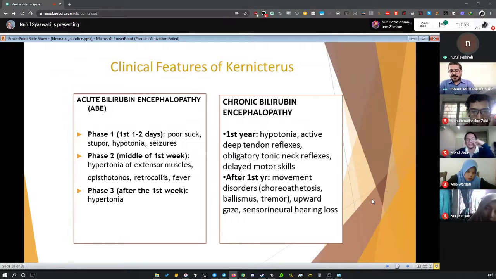And for phase 2, usually occurring in the middle of the first week, the baby may have hypertonia of the extensor muscle, opisthotonus, retrocollis, and fever. And phase 3, after the first week, the baby may present with hypotonia.